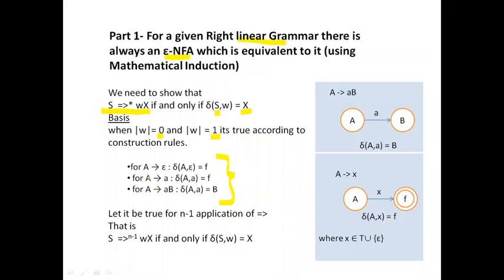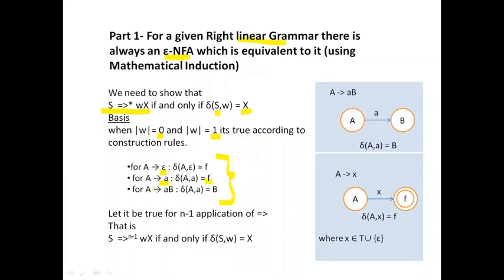Whenever you have epsilon being accepted, there will be a transition which will take you to a final state. If it is a single non-terminal that is being derived, then from A on reading small a, you will have a transition to a final state.